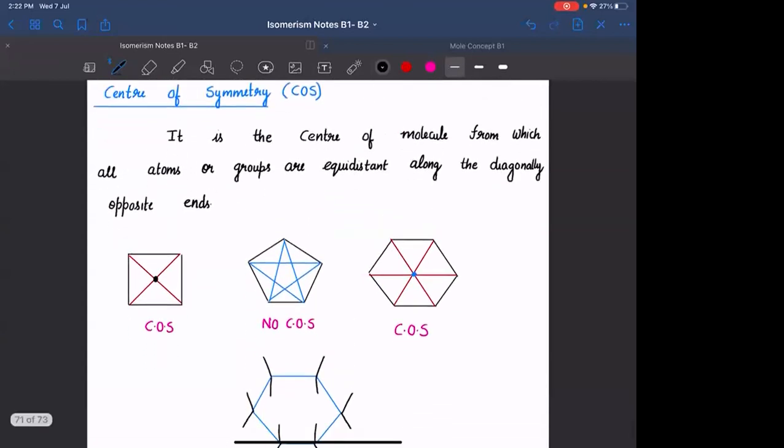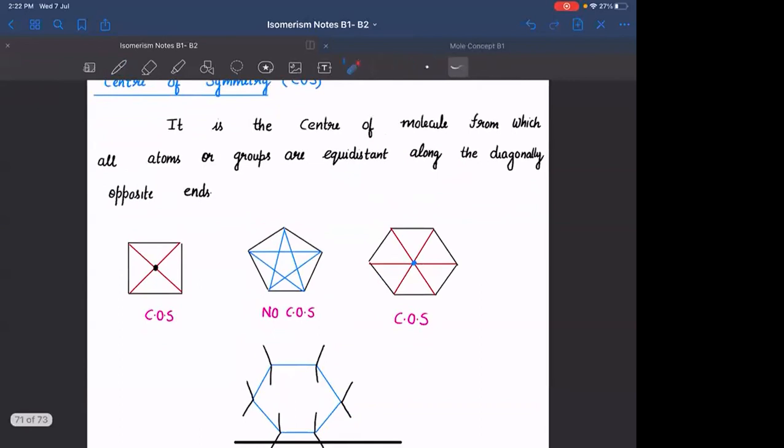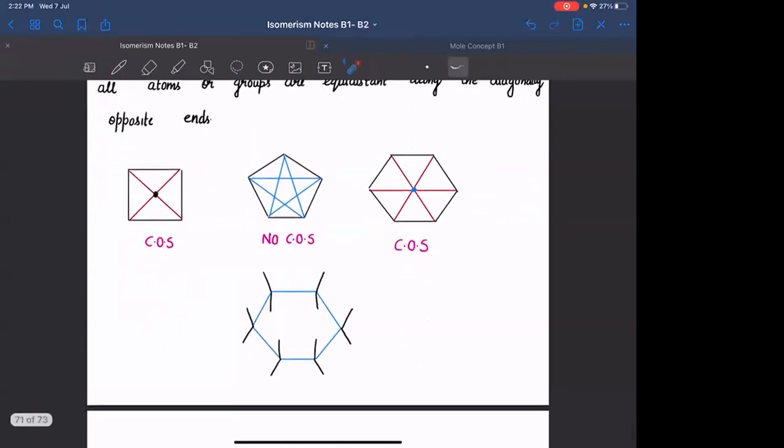Okay, read the definition here. It is the center of the molecule from which all atoms or groups are equidistant along the diagonally opposite ends. What does that mean? If you take the center of symmetry, everyone concentrate. The distance from that particular group to the center will be exactly equal to the distance to the diagonally opposite end.